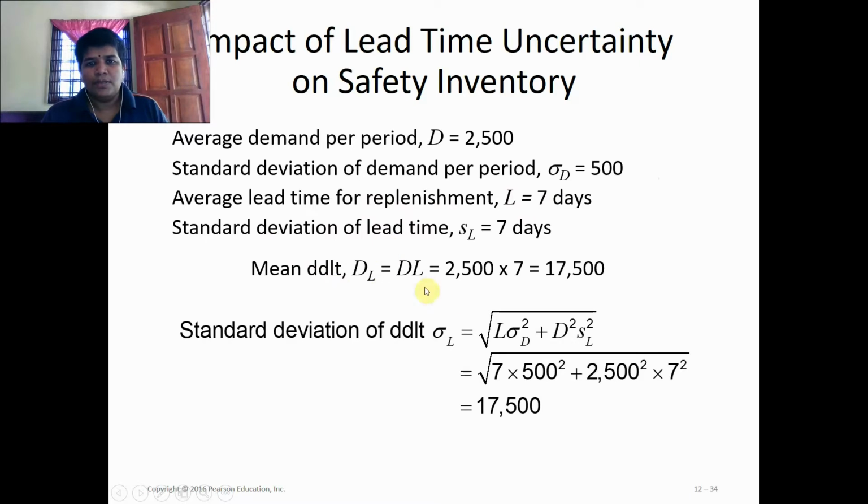For DL, you simply take the average demand times the lead time of 7 days, which gives 17,500. Use that to get the standard deviation of DDLT, which is 17,500.